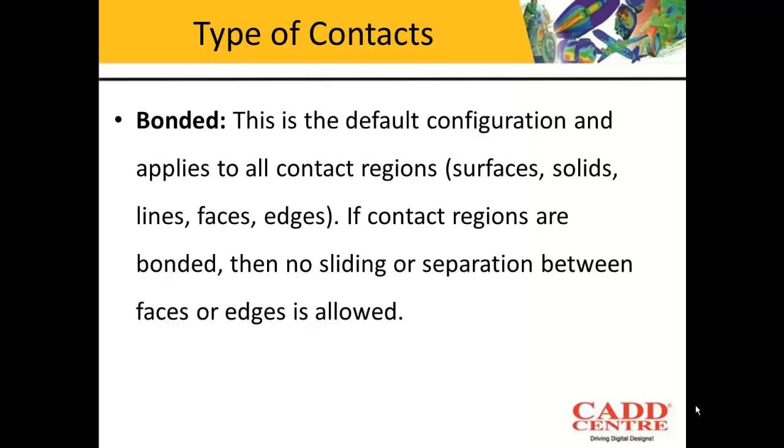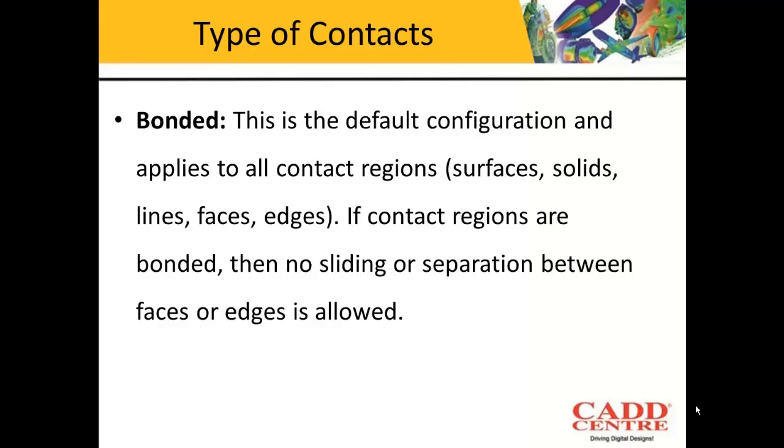each other. If you take an example, suppose you have two plates between which there are gaps, or there is penetration between the two plates. Now if I want that these two plates should not move with respect to each other, you can assign a bonded contact.